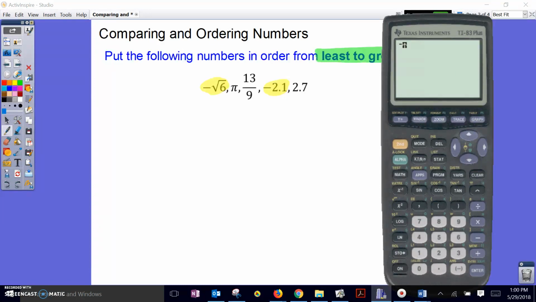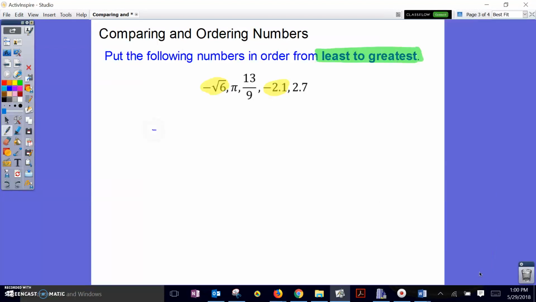Negative square root of 6, and we've got negative 2.1, negative 2.449. 2.449 is a larger magnitude than 2.1, and so that's going to be the smaller number. So we can start our list with negative square root of 6, and then negative 2.1 is bigger than that.